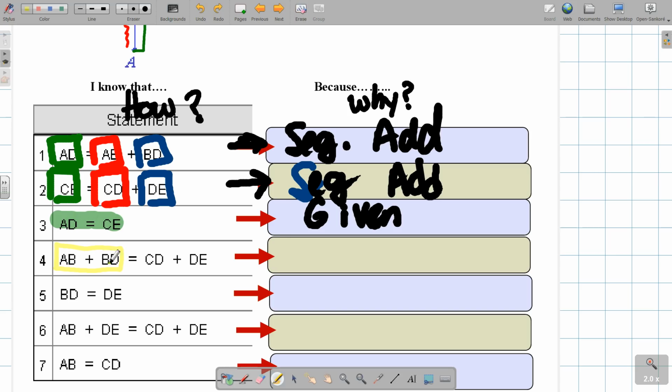Where do you see exactly that? AB and BD. Ready? Oh, box it. Looky there. Now AB and BD add up to AD. Box it. And look right here. Here's AD. So we took out AD and we substituted AB and BD for AD.